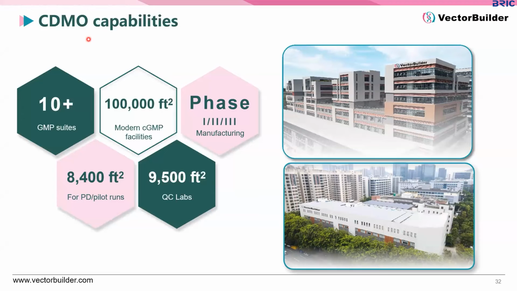We are capable of phase 1 to phase 3 clinical trials manufacturing. We also have an independent process development and pilot run lab of about 8,000 square feet, and independent QC laboratories and QC team that occupy about 9,500 square feet.